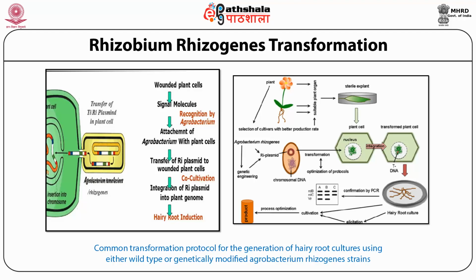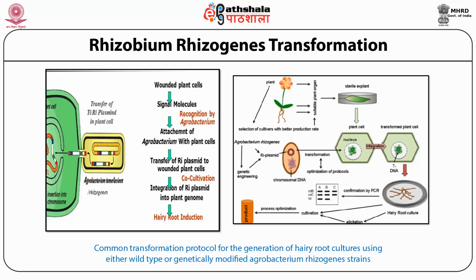In B, we find out how the rhizogenes bacteria are genetically important for biotechnological aspects. The Ri plasmid of Agrobacterium rhizogenes enters the infected plant cell where the chromosomal DNA is also present.